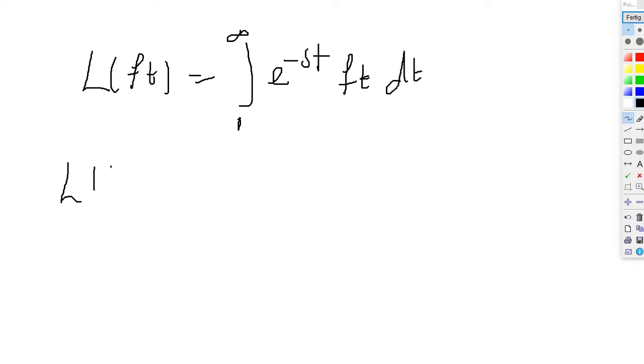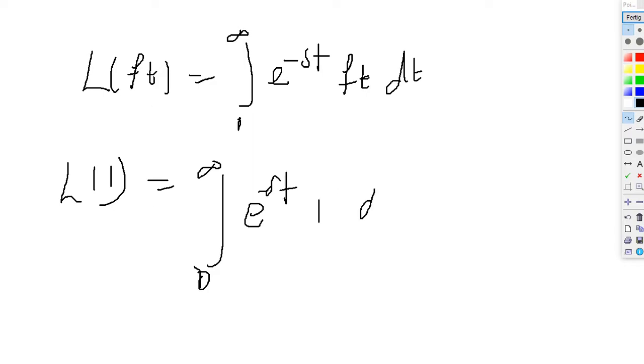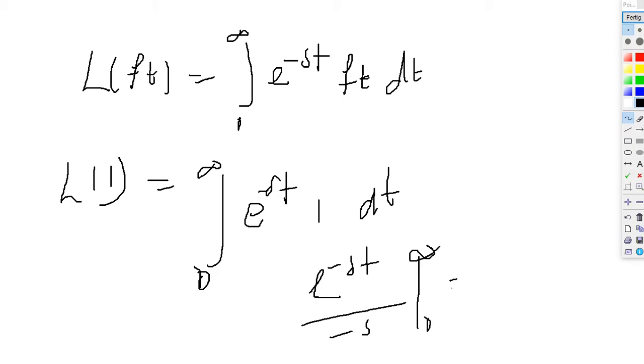Let's find the Laplace of 1, a constant, using the same formula: the integral from 0 to infinity of e to the power minus st times 1 dt. The integral of the exponential function is e to the power minus st divided by minus s, evaluated from 0 to infinity.